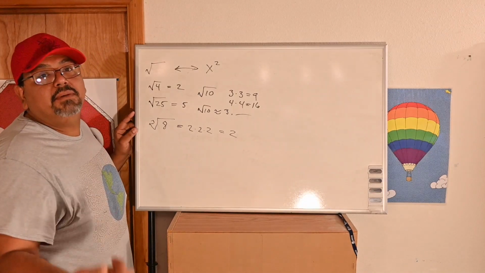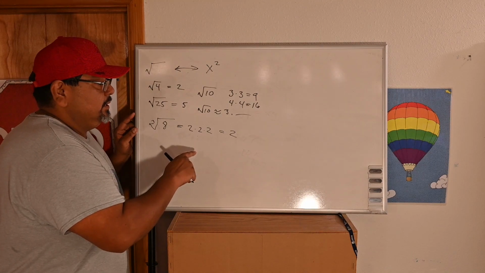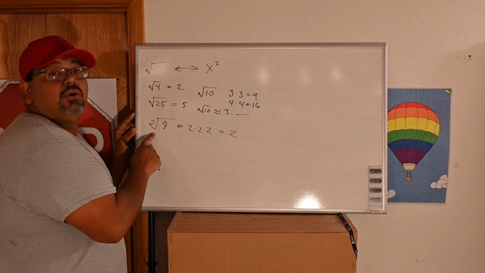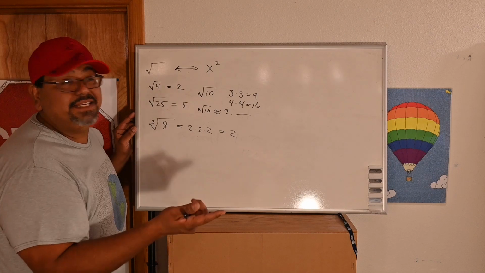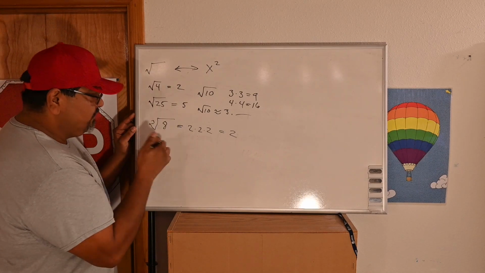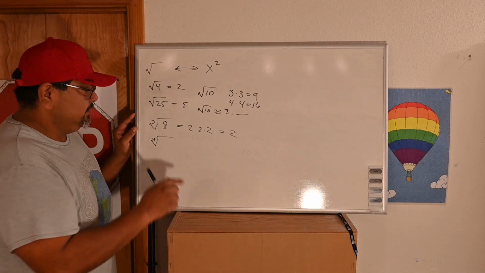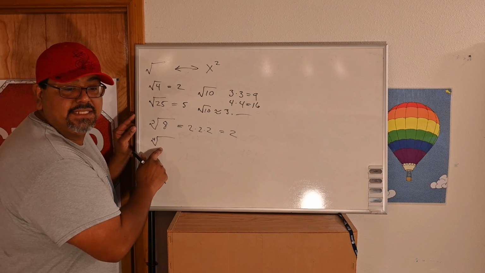So just keep that in mind when we're dealing with roots. Square root is just nothing out there. Cubed root, fourth root is going to look like that, and so on. So that's what this symbol means.